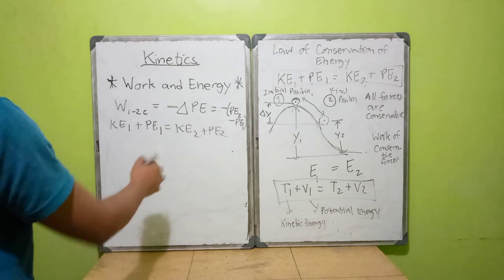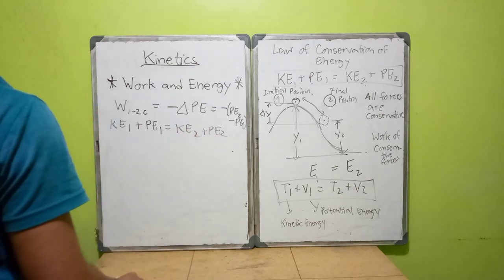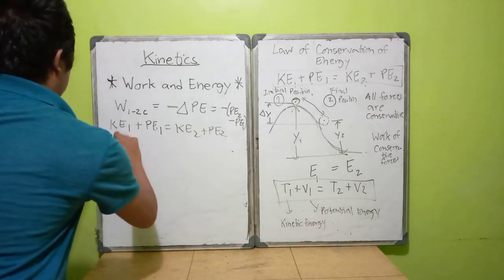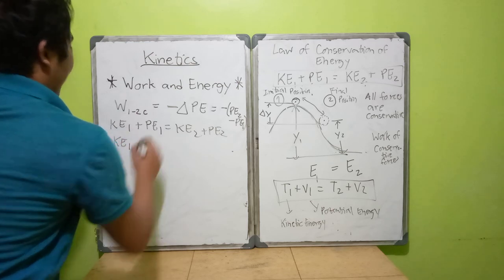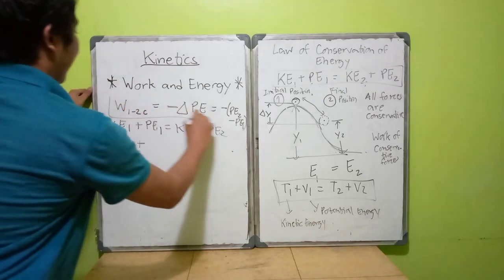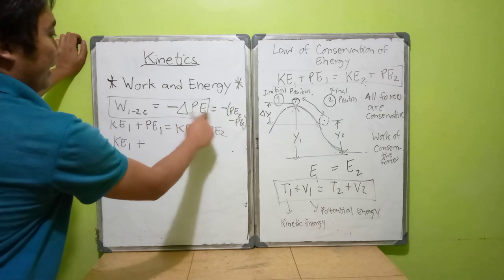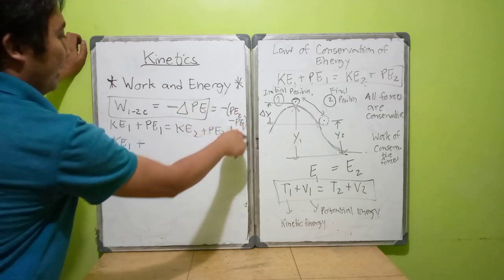So I will just write it: it will be equivalent to KE1 plus, and please remember this formula, this negative change in PE is equivalent to negative of the quantity PE2 minus PE1.